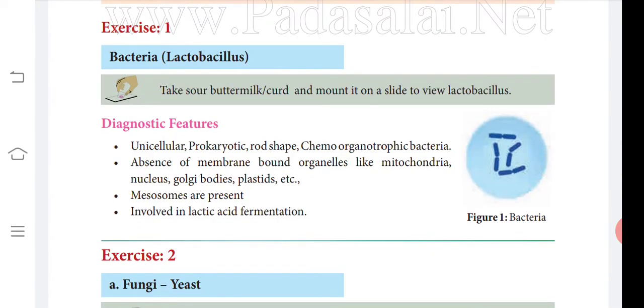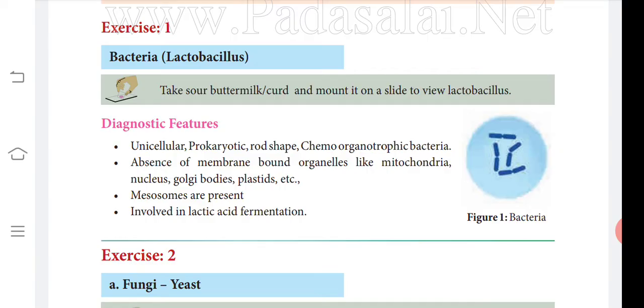You have to draw the diagram on the left side of the record. On the right-hand side you can write the diagnostic features, all the points whichever are given here. I repeat, on your right side you should write the heading Bacteria, within brackets Lactobacillus.